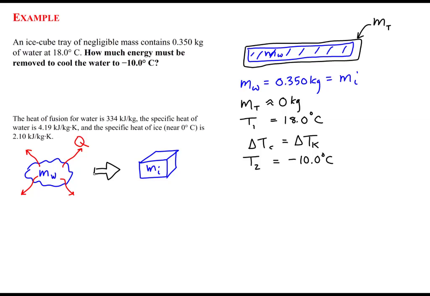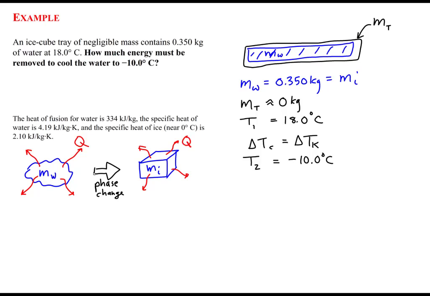To go from liquid water to solid water, there's going to be a phase change. And finally, to continue to cool until we get to our final temperature, the ice is going to have to continue to lose thermal energy.